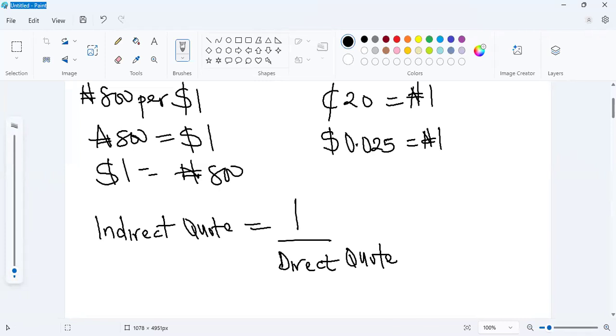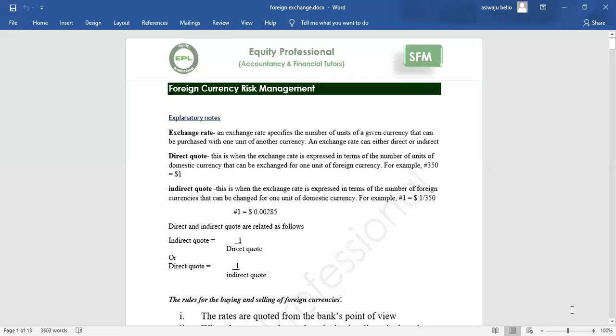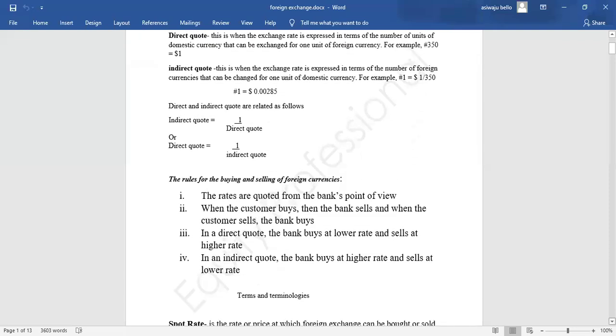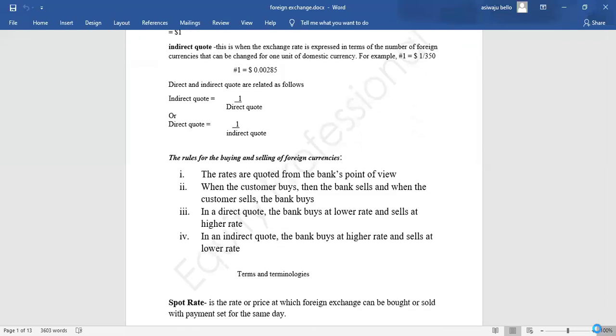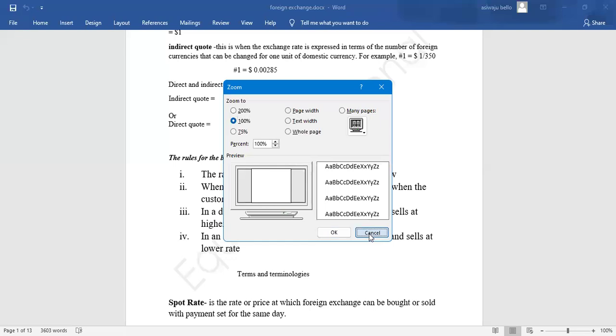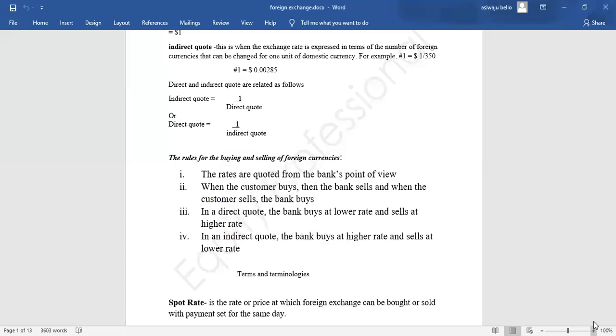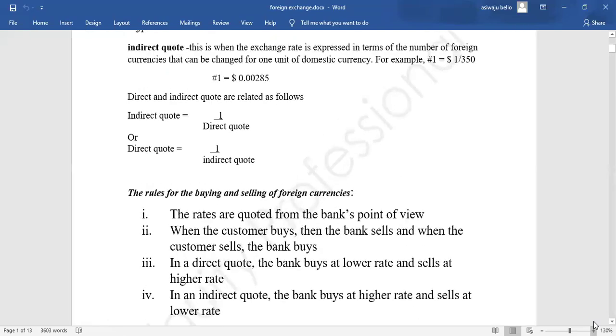It's a reciprocal relationship. The rules for buying and selling of foreign currencies.